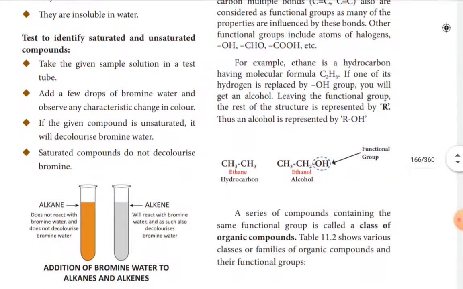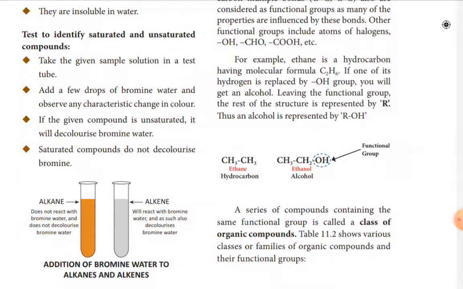In the bromine test, saturated compounds do not decolorize bromine water, but unsaturated compounds, that is alkene and alkyne, decolorize bromine water. So from this we can understand which is saturated and which is unsaturated.